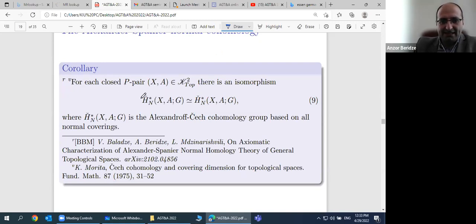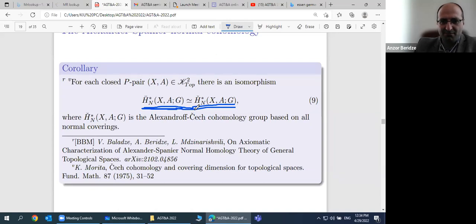And as I mentioned, this theory was constructed by us, but this is not a new one because this is isomorphic to Watanabe's cohomology theory. And this isomorphism is very essential for us.